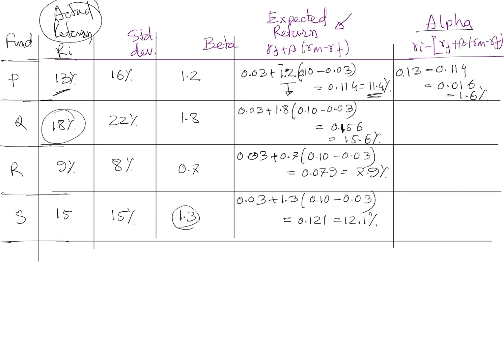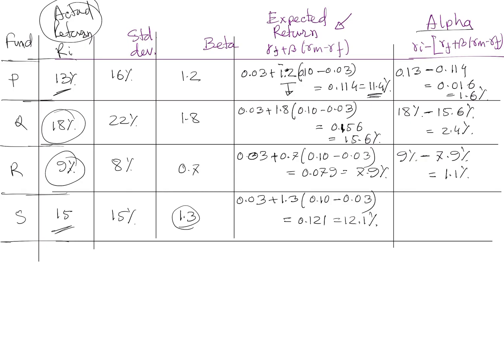Or we can just do it in terms of percentage. So 18% minus 15.6% is 2.4%. And that one is 9% minus 7.9%, which is 1.1%.